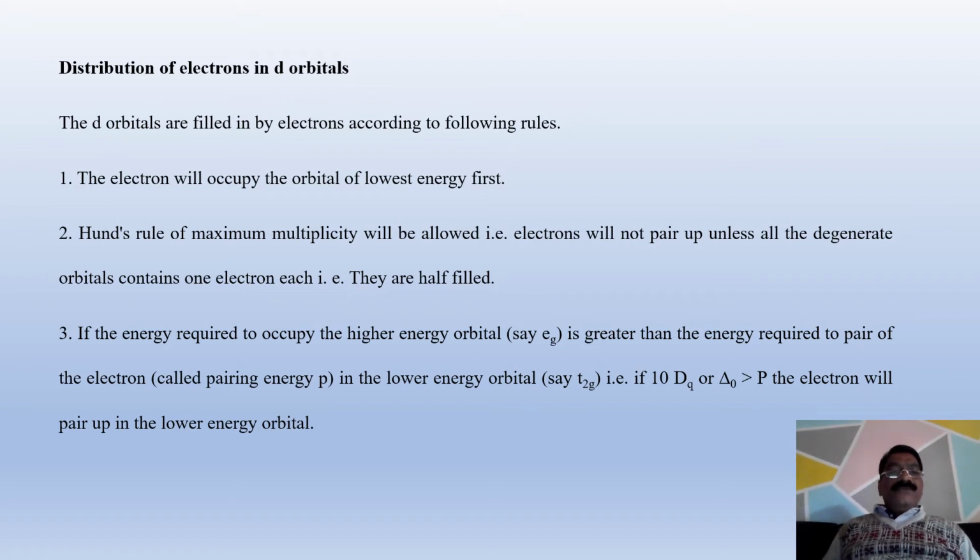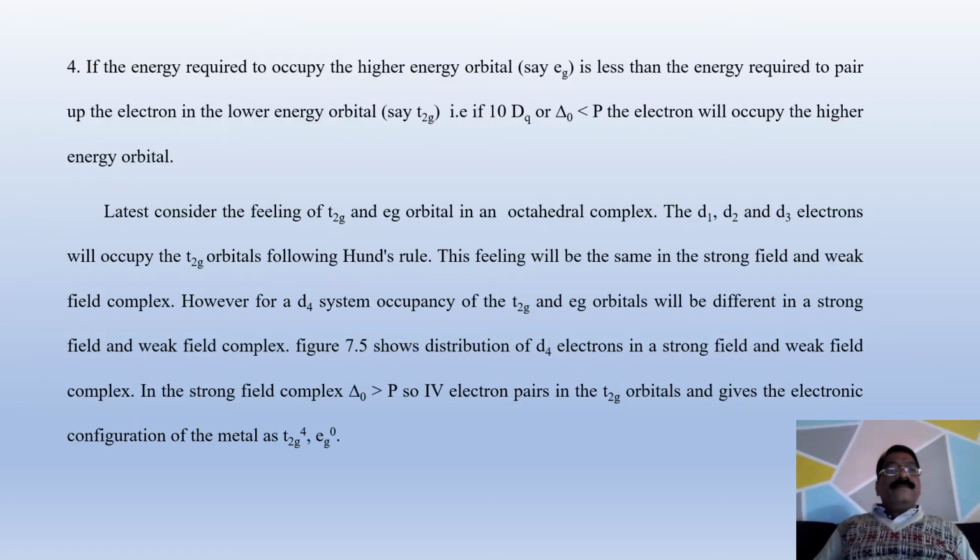Third, if the energy required to occupy the higher energy orbital is greater than the energy required to pair the electron in the lower energy orbital, that is the pairing energy, that is, if 10 Dq or delta O is greater than P, the electron will pair up in the lower energy orbital.